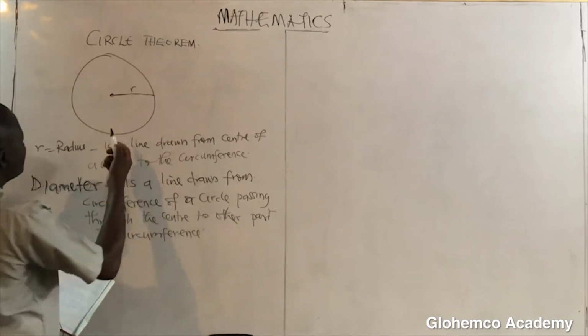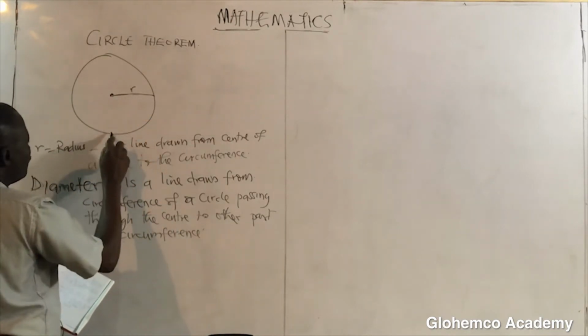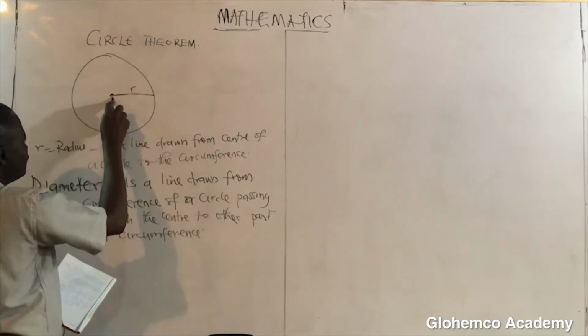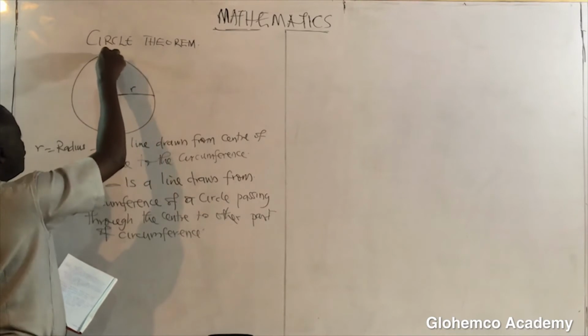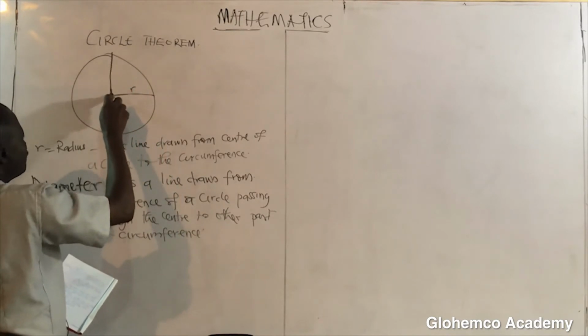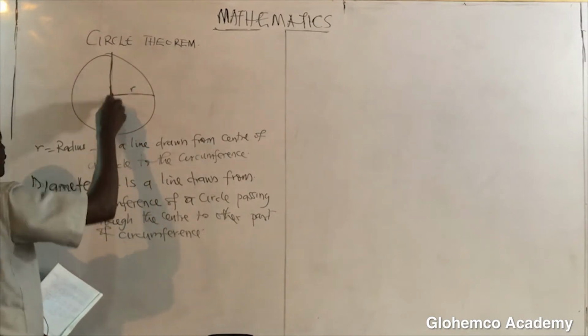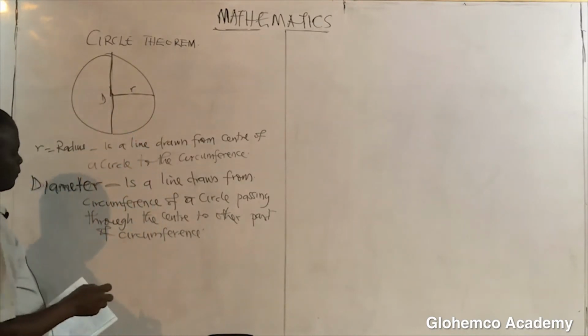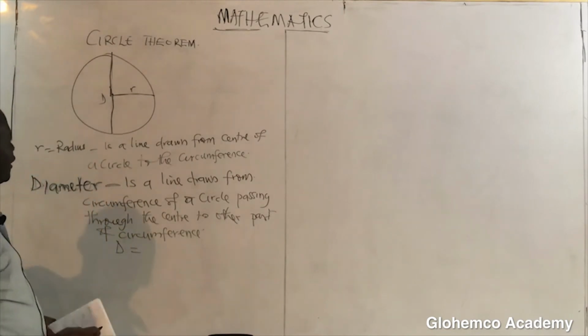Take for instance, we have a line from center here. We draw from circumference here to the center, passing through the center to another part of the circumference. So this line is called diameter. And if you look at it, D represents diameter.